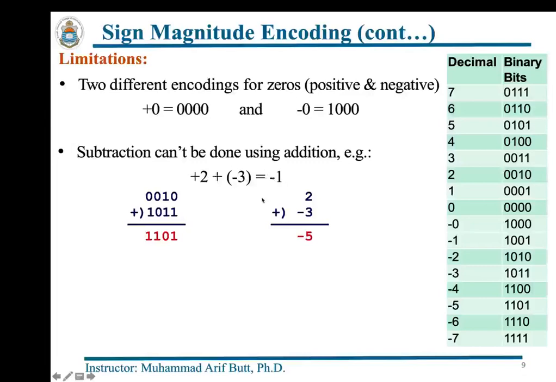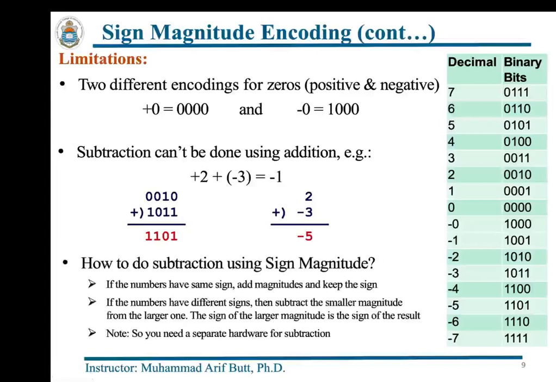So the second limitation of using sign magnitude representation for negative numbers is that you cannot do subtraction using addition, which we are normally used to. So the question is how to do subtraction using sign magnitude. These are the steps. If the numbers have the same sign, add magnitudes, keep the sign. If the numbers have different signs, then subtract the smaller magnitude from the larger one. The sign of the larger magnitude is the sign of the result.